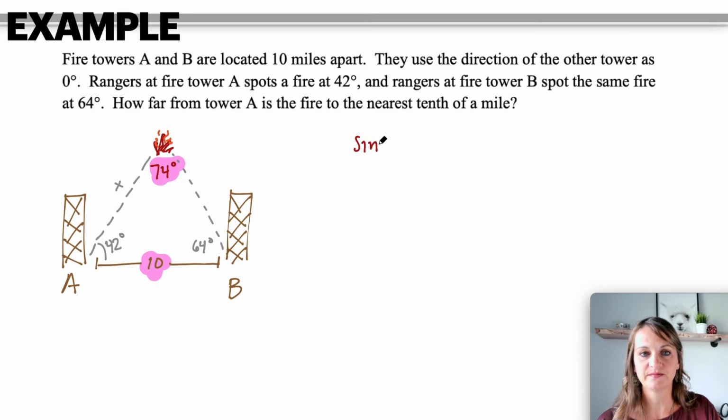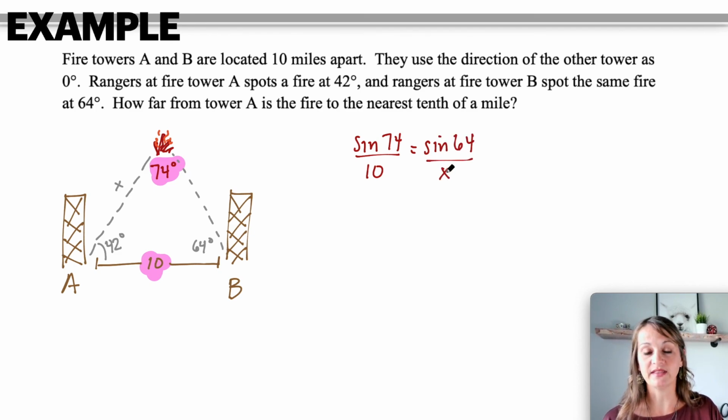So sine of 74 divided by its opposite side is going to be equal to sine of 64 divided by the unknown. Why did I use 64 not 42? Because 64 is what coordinates with its opposite side. 42, we don't care about the opposite side of B. We only want to know from A to the fire, so we need to use 64.